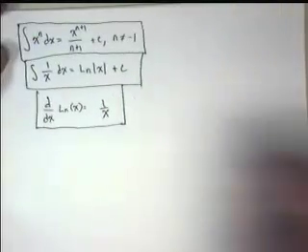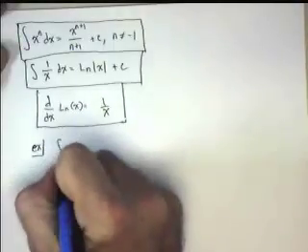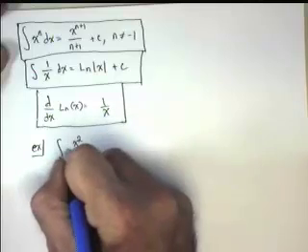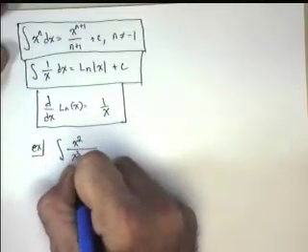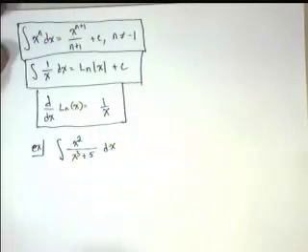So let's see how we can use this. For example, let's take the antiderivative of x squared over x cubed plus 5 dx.